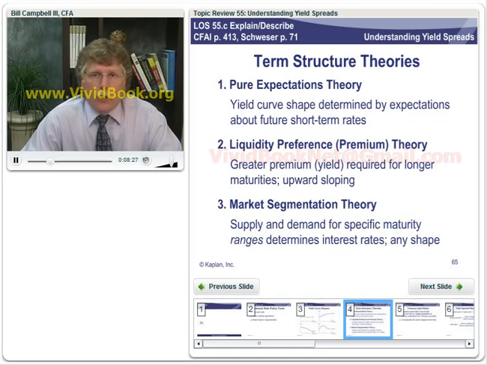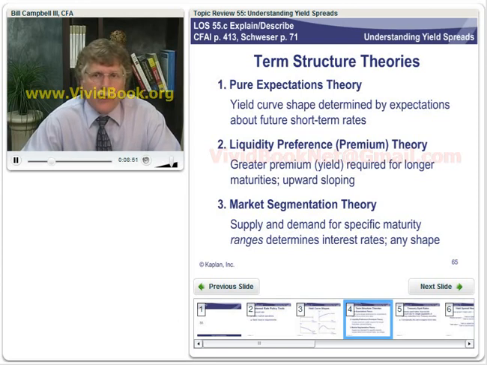The liquidity preference or liquidity premium theory suggests that if people lend money for a longer period of time, they're going to require a premium for that. They're happy lending at low interest rates for a short period of time, but if their money is going to be tied up longer, they need to be paid extra for that.